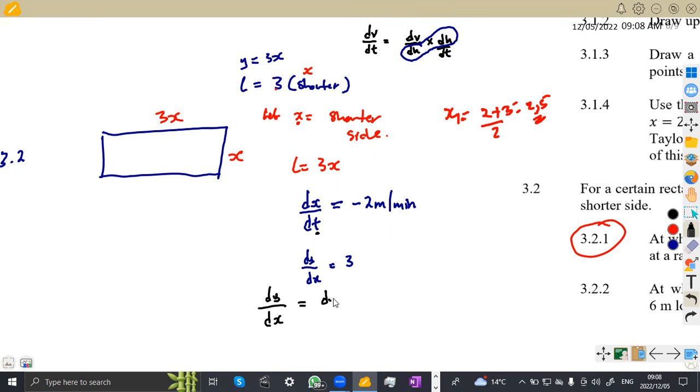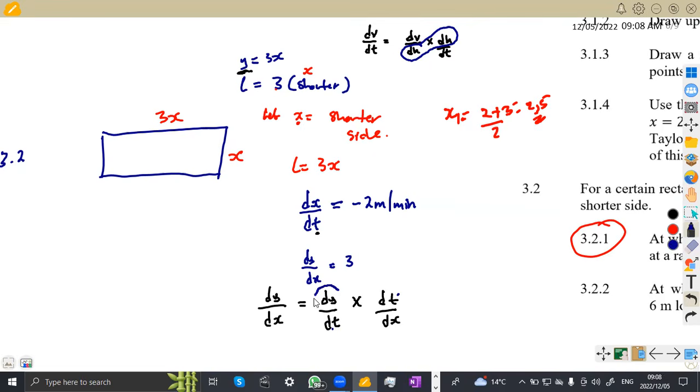So it is going to be dy/dt, which is the change of length, because our length is now represented by y, times dt/dx, so that the dt and dt can cancel.